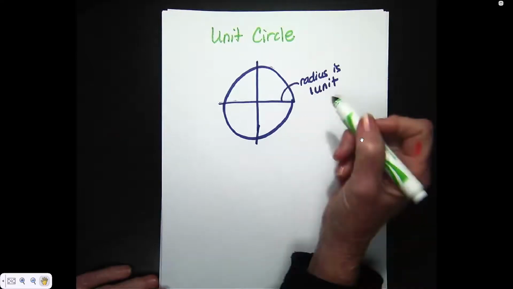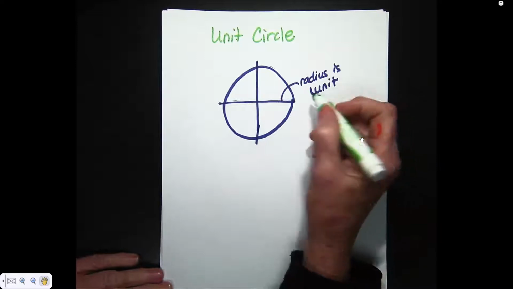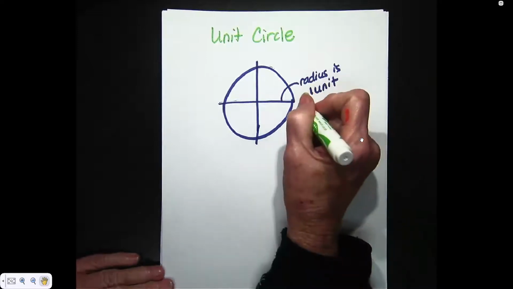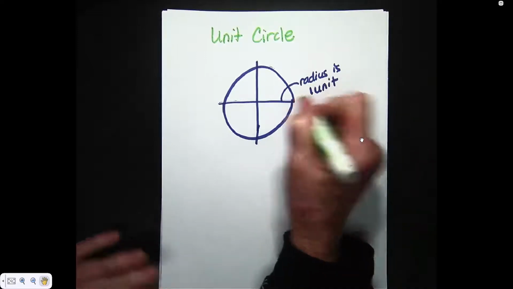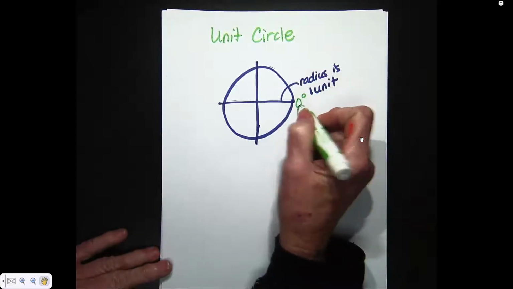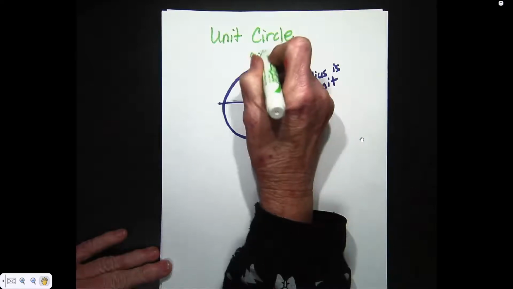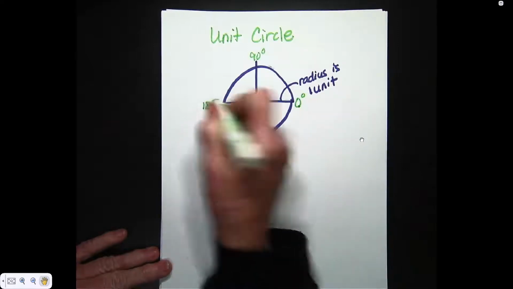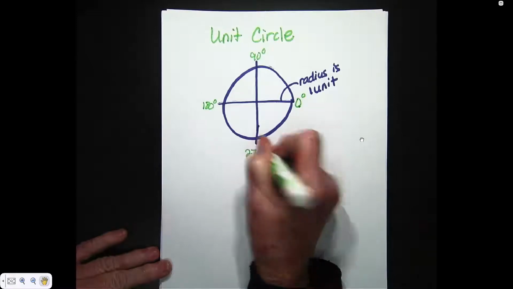Now, I don't know if you're going to recall what happened when you were in geometry, but when we measure things in a unit circle or in a circle, we start reading degrees over here. So this would be 0 degrees. This is 90 degrees, 180 degrees, 270 degrees.